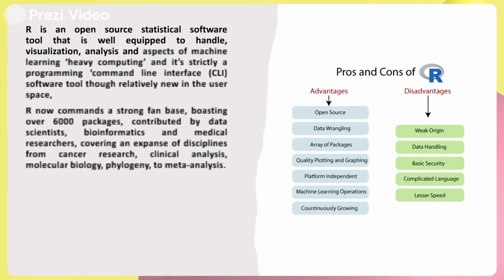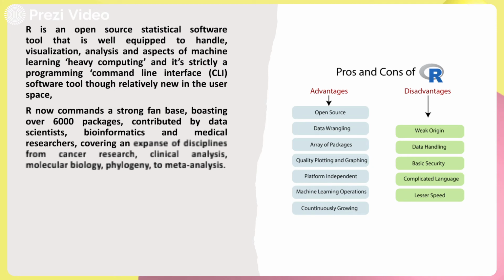I told you there are several advantages specifically associated with R software. It is not only open source but also helps you with an array of packages. It has different packages and can provide machine learning operations. It is continuously growing with different packages available. It helps you in quality plotting and graphing, and it smoothens out your work.